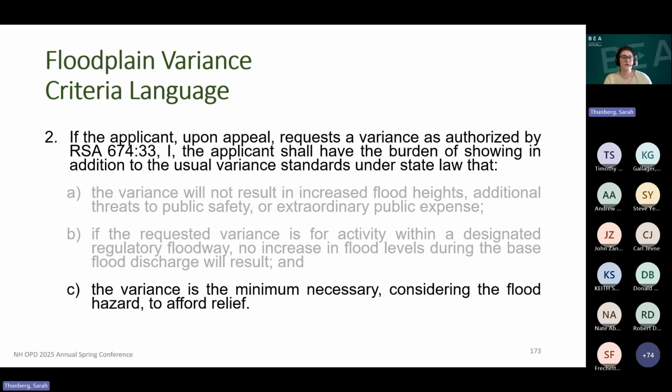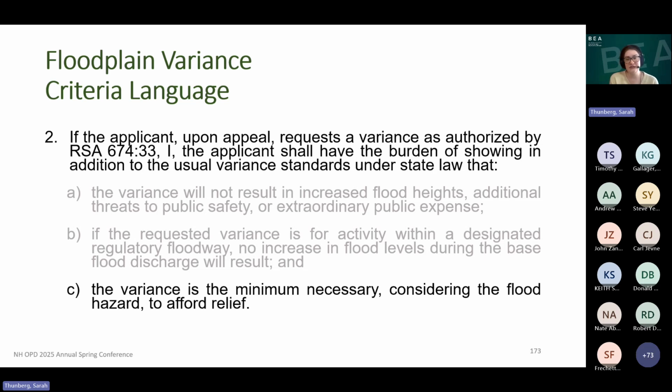All right, so when we're granting variances, the variance must be the absolute minimum needed to reduce future flood damage and to still relieve the hardship.